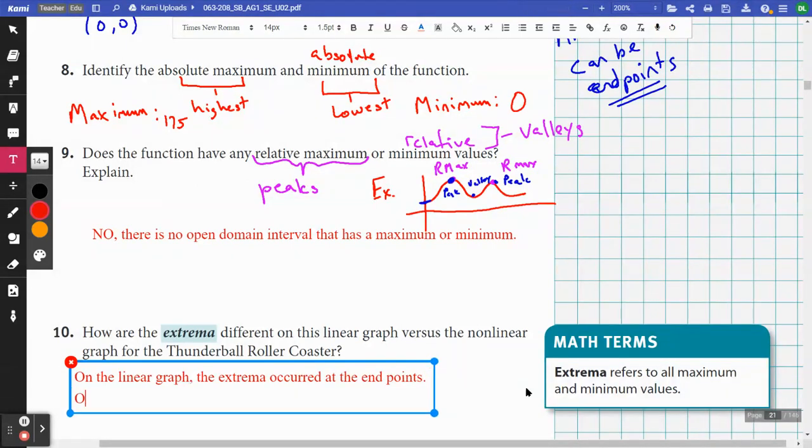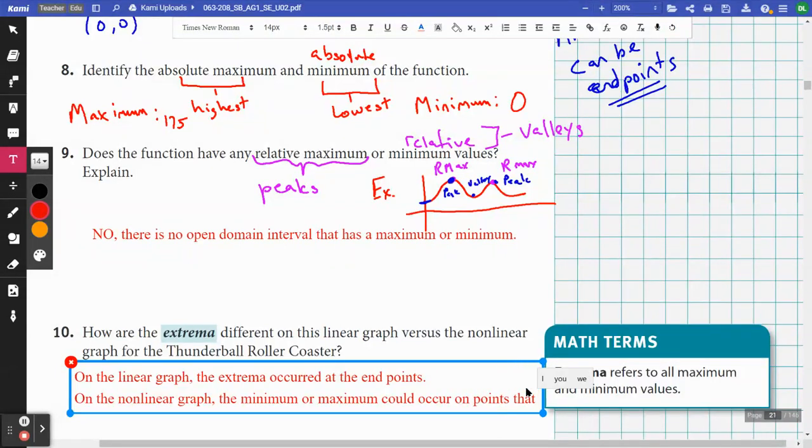On the non-linear graph, the minimum or maximum, for that fact, could occur on points that are not the endpoints.